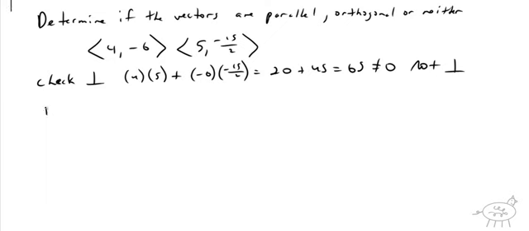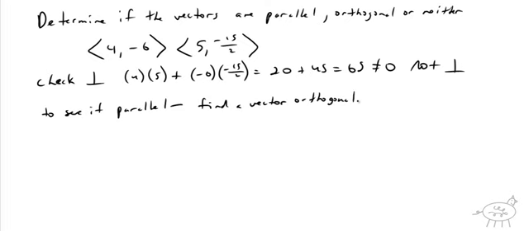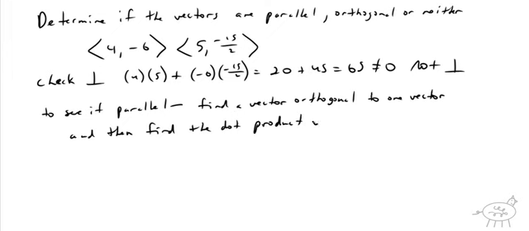And this is the deal. To see if they're parallel, I'm going to find a vector orthogonal to one vector, and then find the dot product with the other vector. You can't do a dot product for parallel.